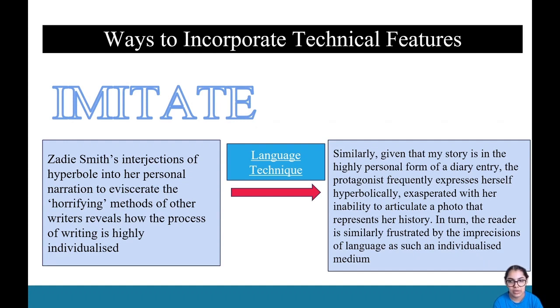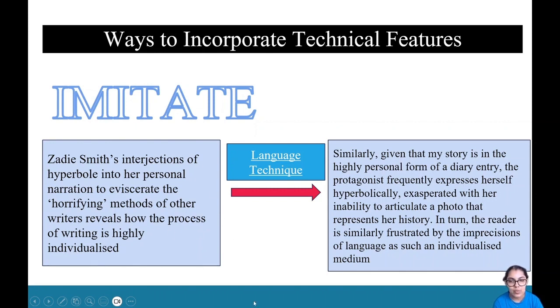So this is what it may look like if you're imitating the technical features of the text. Let's say this was a text: Zadie Smith's interjections of hyperbole into her personal narration to viscerate the horrifying methods of other writers reveals how the process of writing is highly individualized.